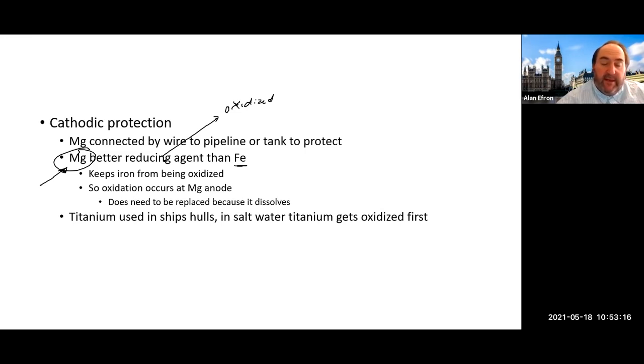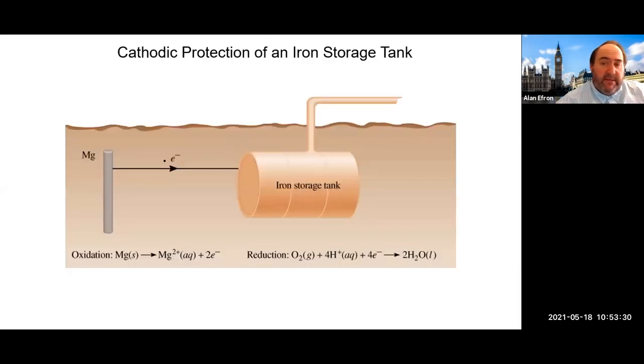Sometimes titanium is used in ships. Again, it does the same thing. It acts as a sacrificial place where oxidation can occur, really protecting the metal in the ships from going through a lot of corrosion from the air and the salt and all that kind of stuff. So here's that situation if you bury the tank underneath here.